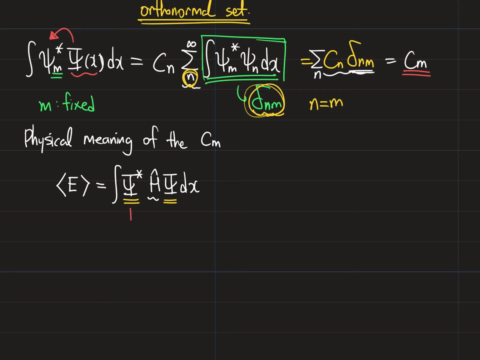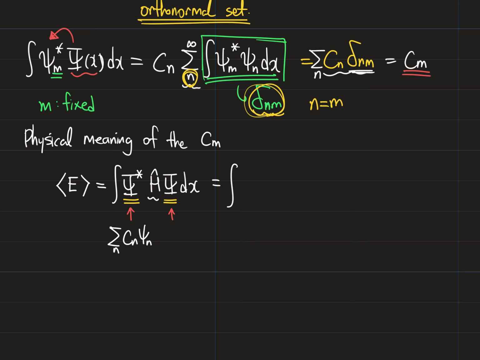And we know that capital psi is the superposition, or linear combination, of complete eigenfunctions. So instead of capital psi, we can explicitly write it down, actually we used small psi, like this.